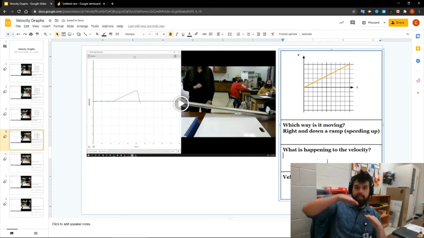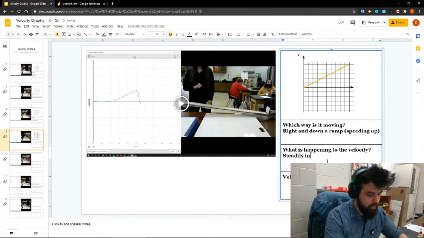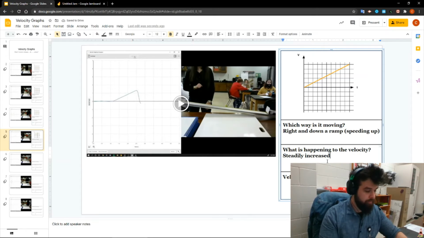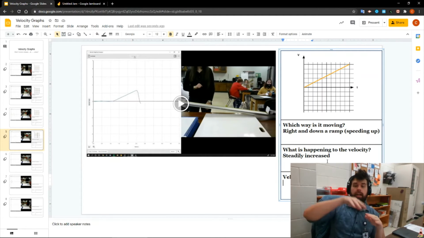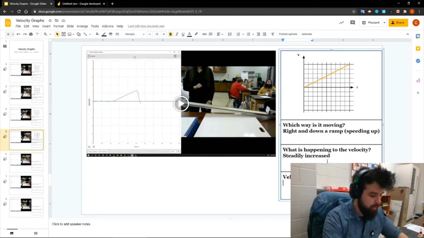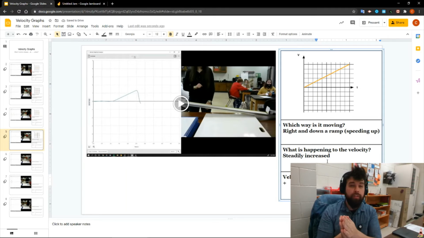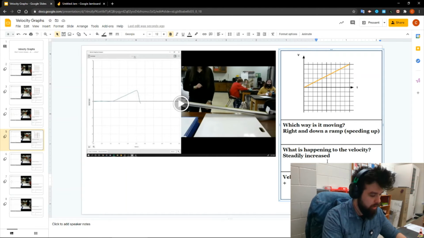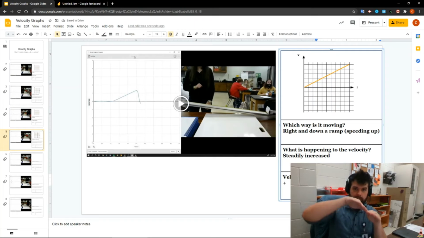We saw that it steadily increased as it moved down the ramp. Our velocity now is positive, and it's actually getting greater in magnitude. So it's positive now, and our slope is also positive because it's moving upwards, which means that our acceleration is positive because we've got this nice slant.